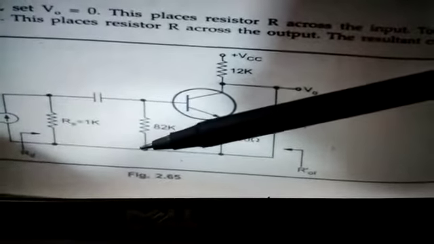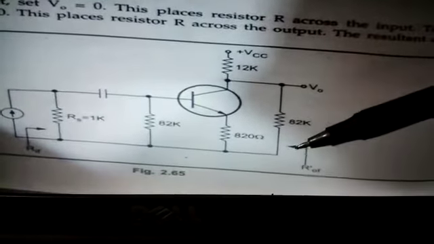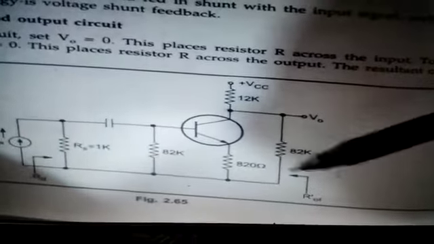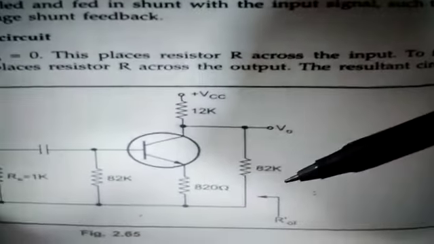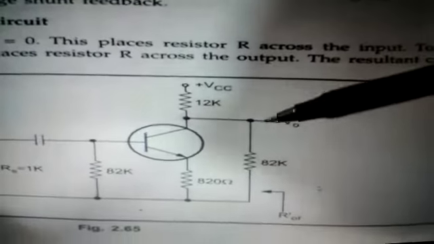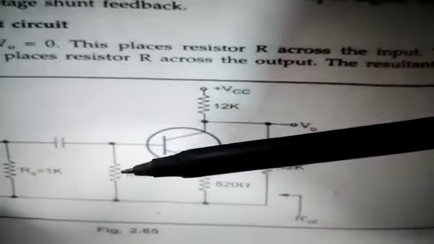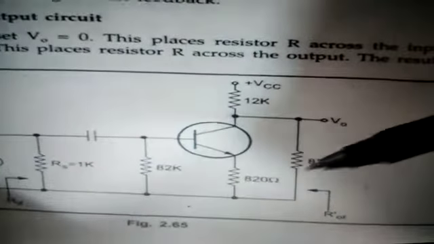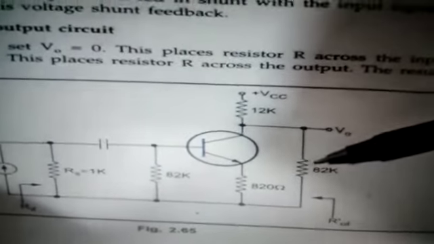It is placed at the input side when output is 0, and the same resistance, 82 kilo ohm resistance, is placed here at the output side. So these two resistances are coming in picture. At the input side this resistance, at the output side same resistance.